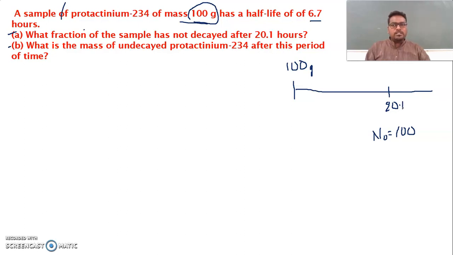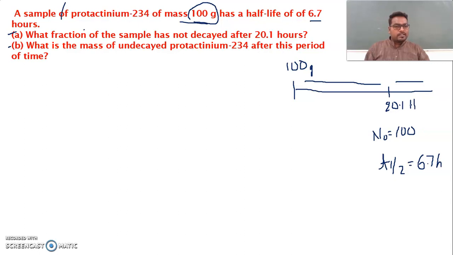Exactly at 20.1 hours, we have to calculate the amount of protactinium decayed and the amount of protactinium remained. Here the half-life period and N0 are given. The half-life period of this reaction is 6.7 hours.